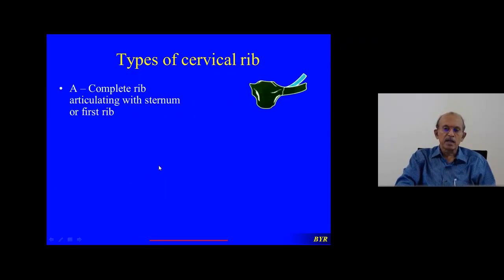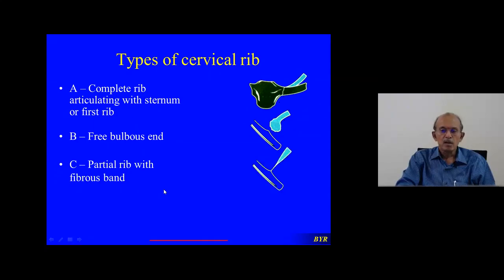The types of cervical rib: it may be a complete rib articulating with the sternum or the first rib. It may not articulate but may end with a bulbous end. This is a partial rib with a fibrous band anteriorly. Sometimes the whole rib is not formed or ossified, and only a fibrous band will be there.